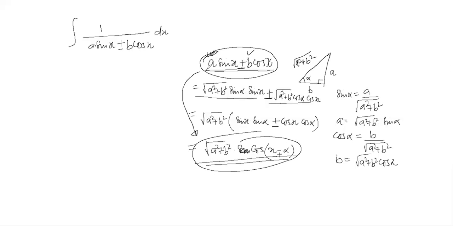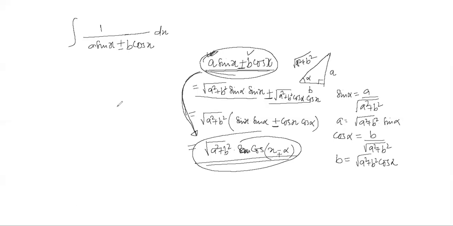This formula reduces two terms to one term, and if there is one term in the denominator, we can send it into the numerator.